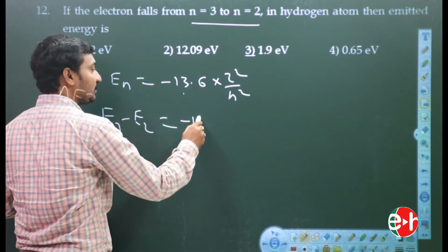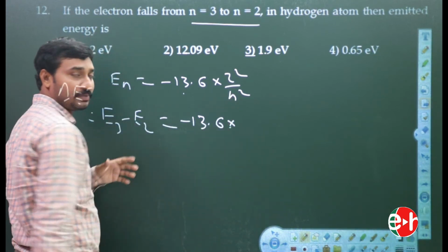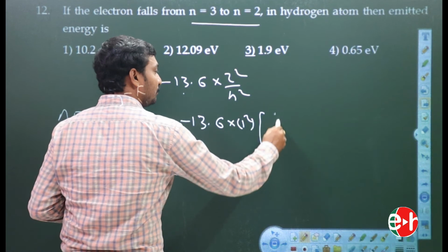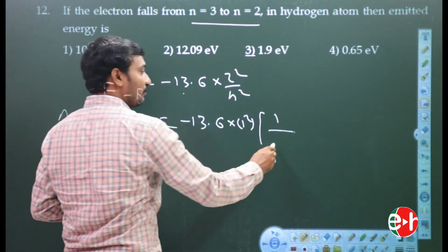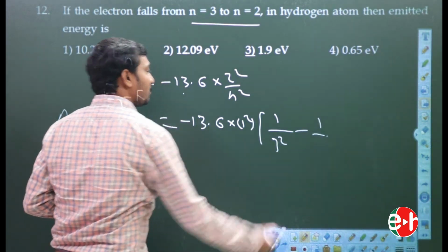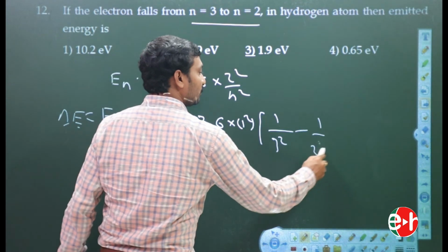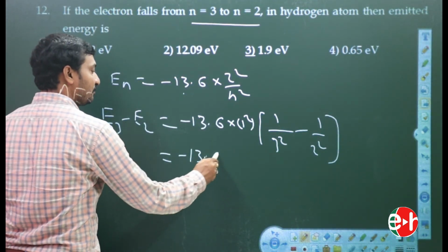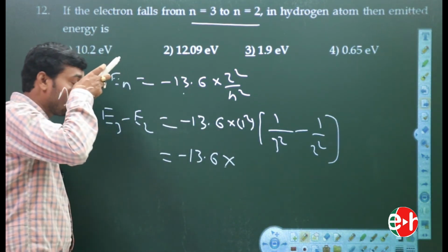So minus 13.6 into Z square, Z square value is 1 because hydrogen atom, this is common, into 1 by 3 square minus 1 by 2 square. Then minus 13.6 into 1 by 9 minus 1 by 4.